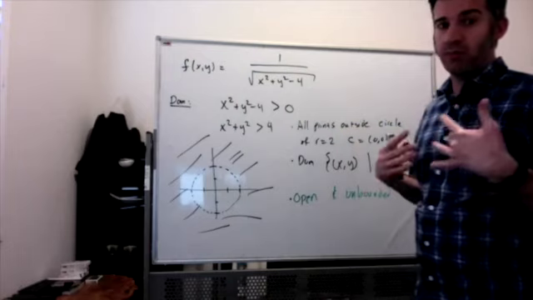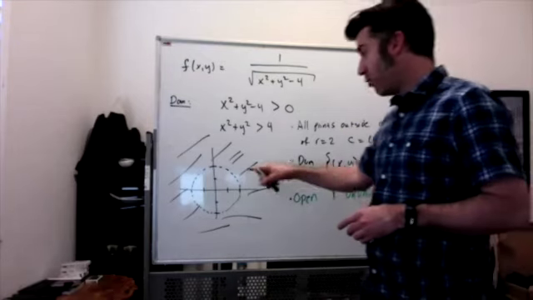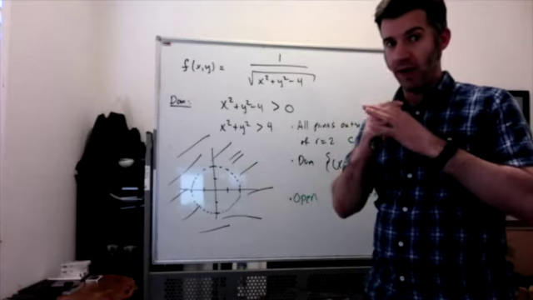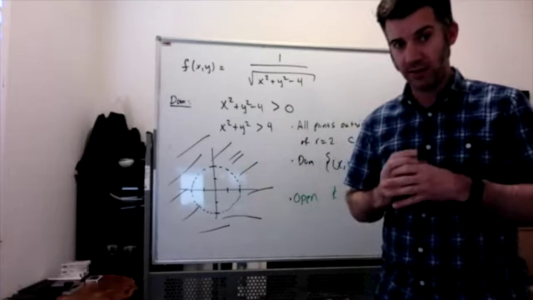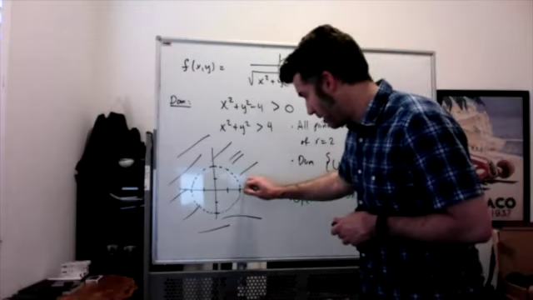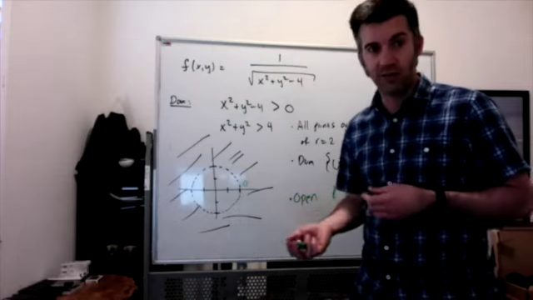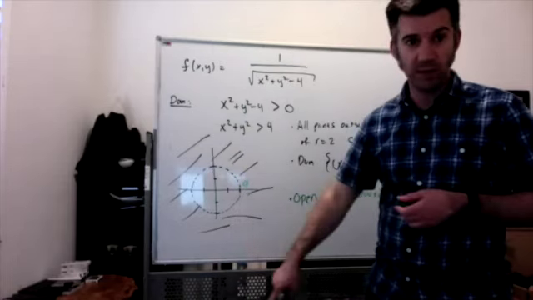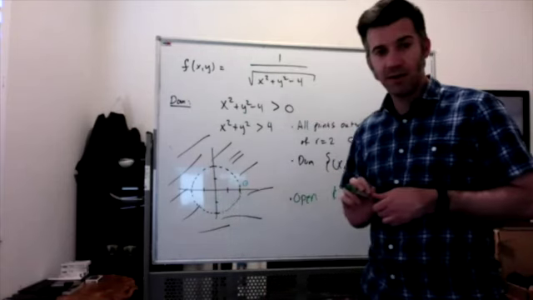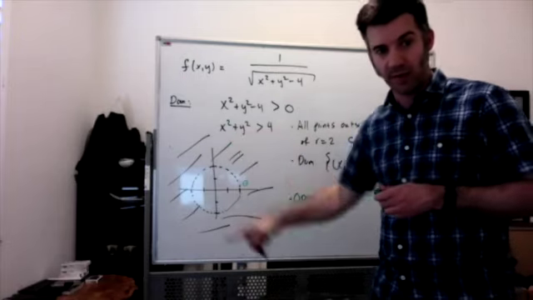But the more precise way of saying that a set is open is: for any point in your set, there is a small circle around that point that is also fully contained in the set. So if I pick a point right here, I can draw a super small circle around it that is also fully contained in my open set. No matter how close to the border I get, I can always draw a tiny little circle around that point that's still contained in this outer part.